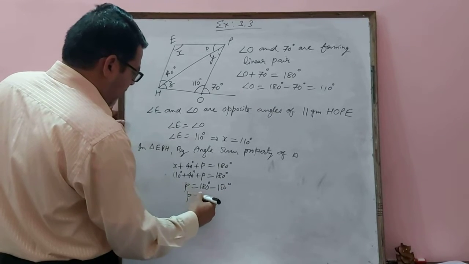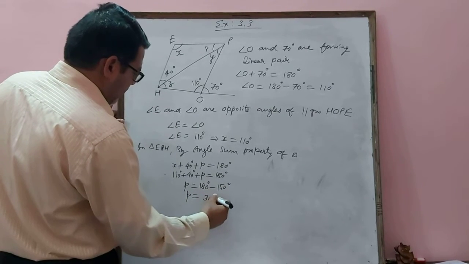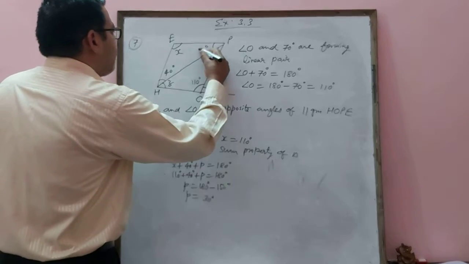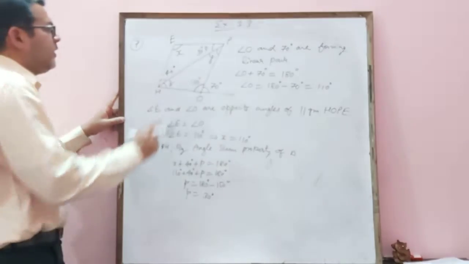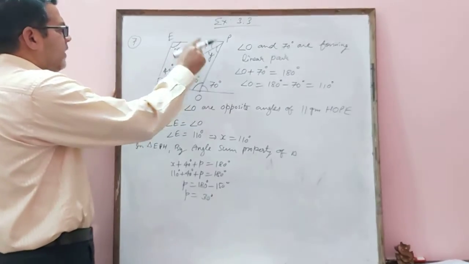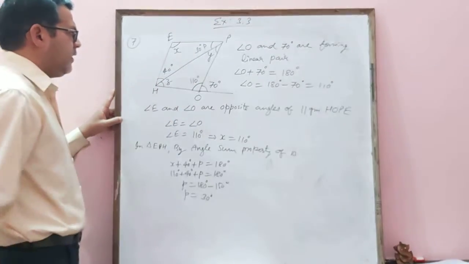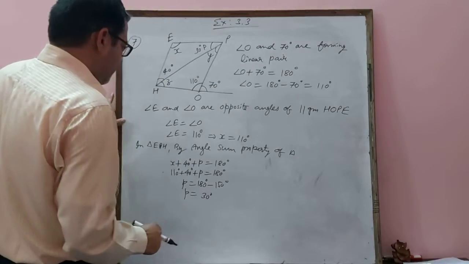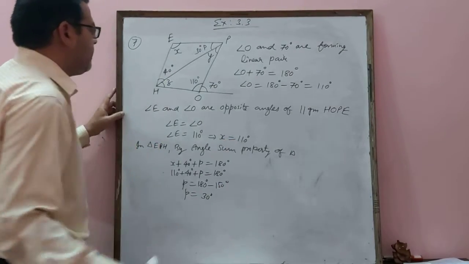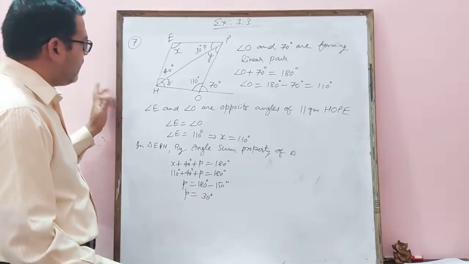So P equals 30 degree. It means this angle is 30 degree, right? This angle is 30 degree, this angle is 40 degree. And X we have already calculated, this is 110 degree, right?